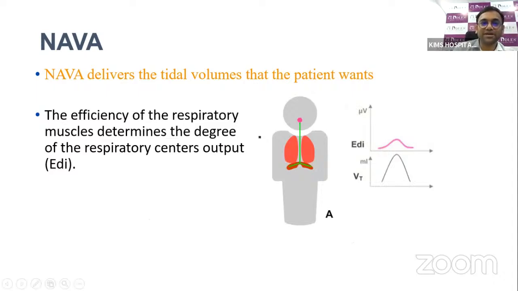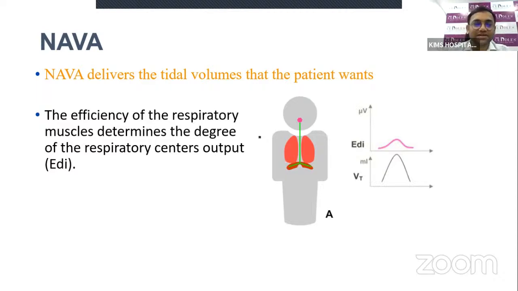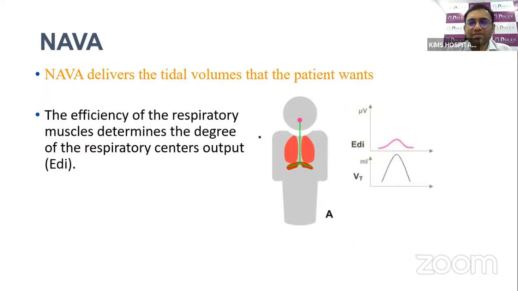The efficacy of the respiratory muscle determines the degree of the respiratory center's output. What does that mean? As we discussed earlier, if the baby's respiratory system is good and the muscles are good, then the baby doesn't require a very high respiratory impulse, so your EDA will be low.